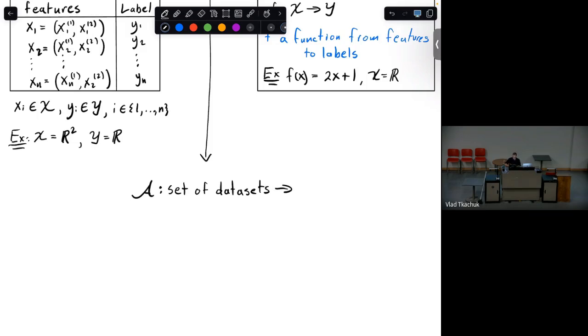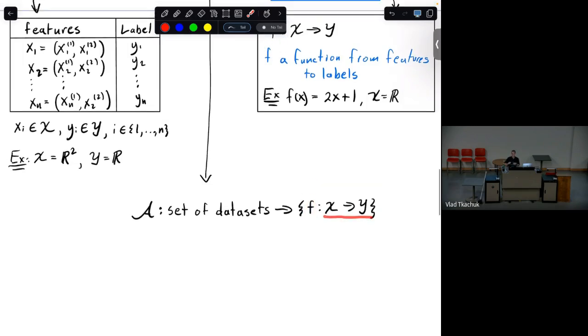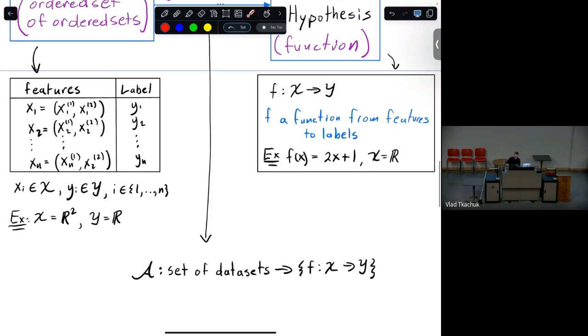Here I'm going to use some notation, which I will also introduce later: this is a set that has functions, and these functions are maps from X to Y. I'll go over this notation later in the class, but this is called set builder notation, and it says this set has elements which are functions that are maps of this type. This is exactly what we want, right? We want this learner to output predictors, and predictors are exactly of this form. That should make sense.